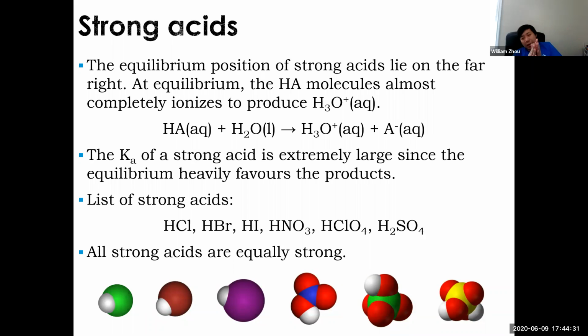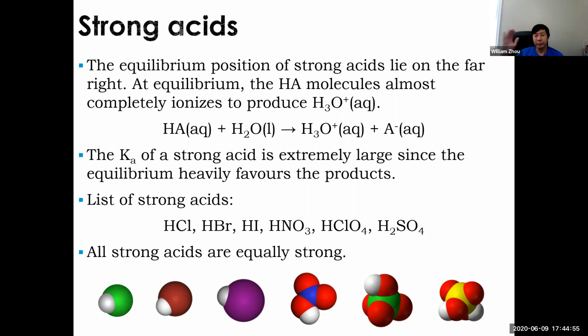So that's a strong acid: no equilibrium, one way, 100% ionized, and an extremely large Ka that is so big we don't really use the Ka anymore. And there's only 6 of them. You don't have to memorize the 6. You have a data booklet. In the data booklet I gave you, one of the pages is the Ka table.